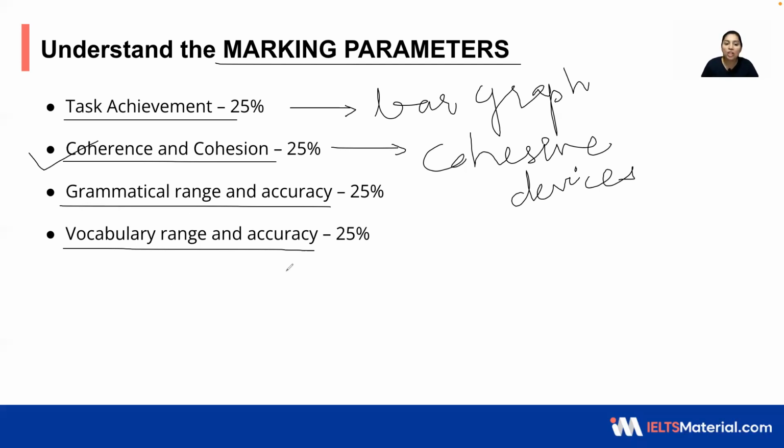Accuracy means using topic-specific vocabulary. You're not using irrelevant words, and that actually shows your accuracy in terms of using lexical resource. All these marking parameters contribute equally to the evaluation of the writing module.